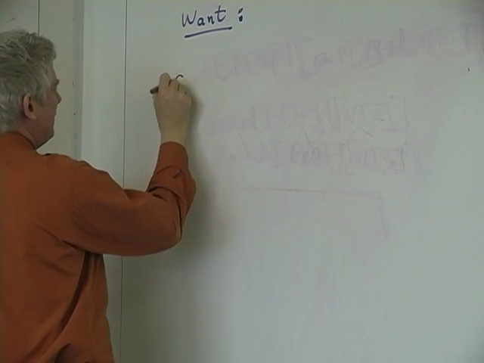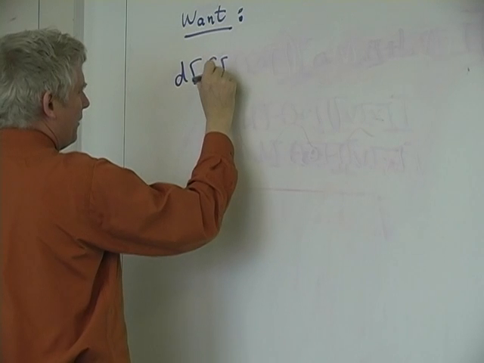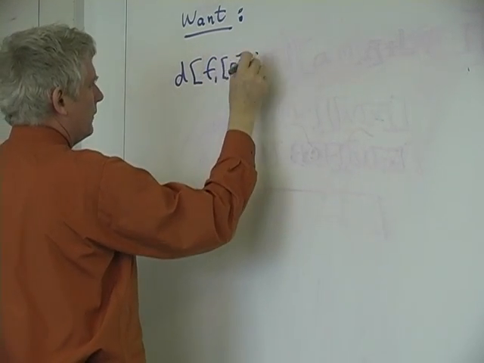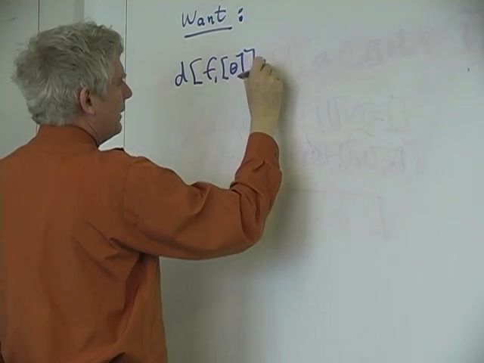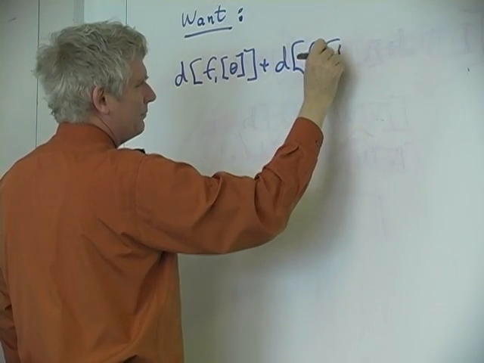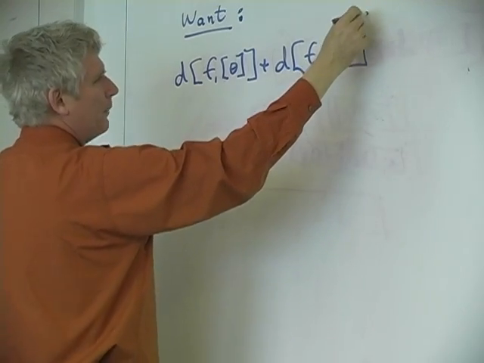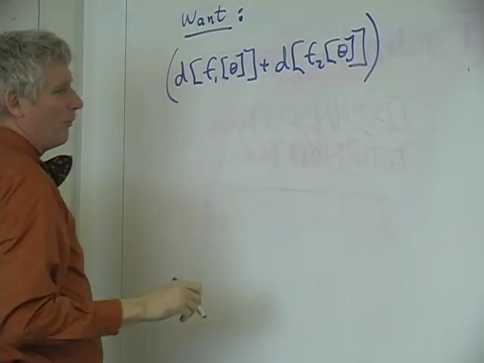So if I have D acting on F1 of theta plus D acting on F2 of theta, that sum is itself a one form.